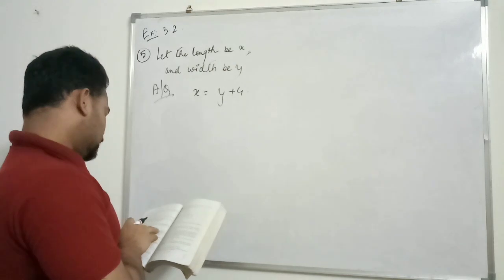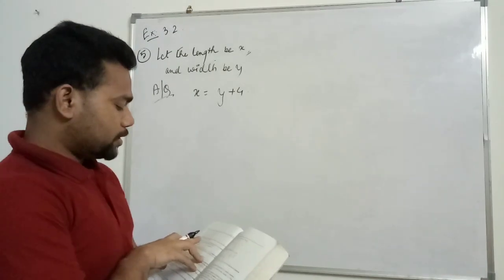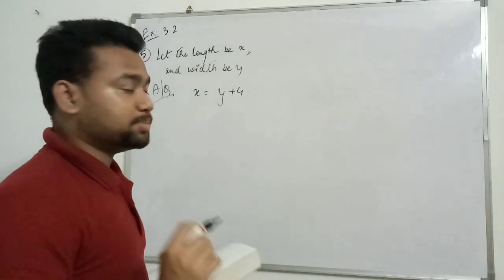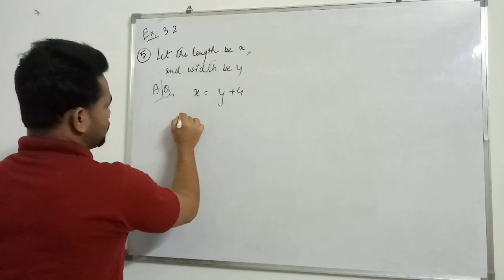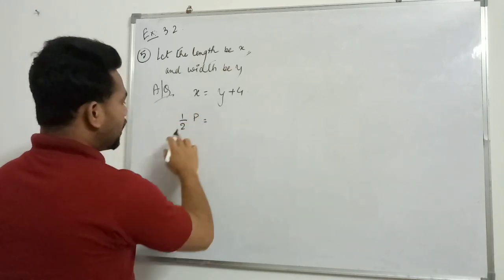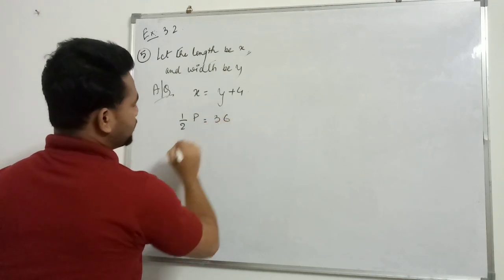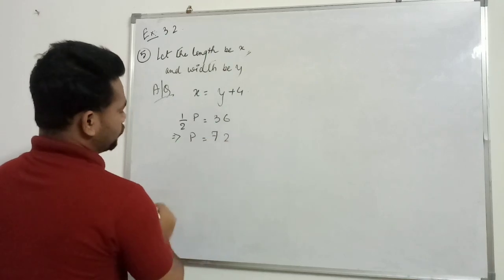So x, the length, is given. Next, the perimeter. Half the perimeter is 36 meters. Let P denote the perimeter. Half the perimeter is 36, so P will be 72.